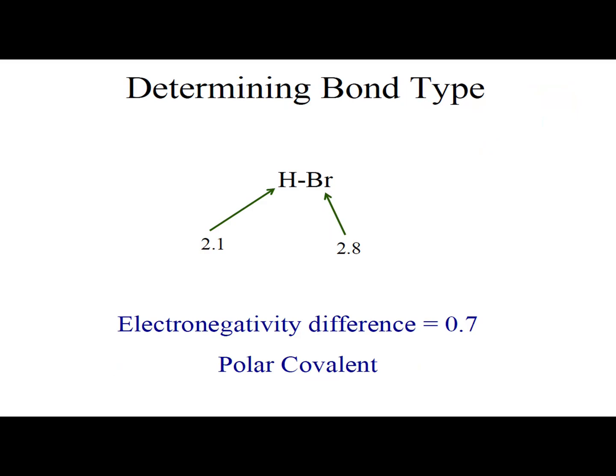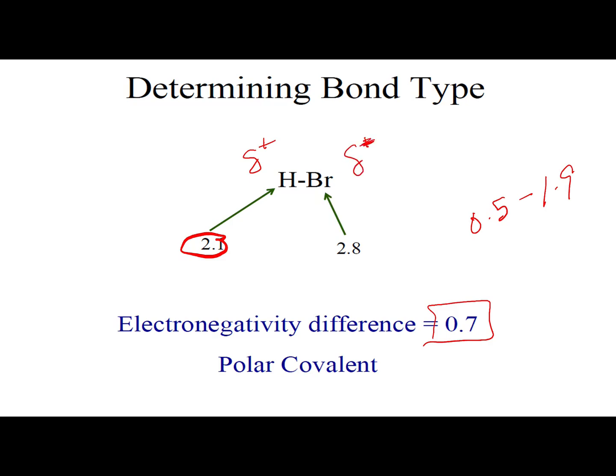If we look at hydrogen and bromine, though, this is going to be an electronegativity difference of 0.7, and this is thought to be a polar covalent bond. Polar covalent bonds usually have an electronegativity difference between 0.5 and 1.9. So the bond is polar. The partial positive charge will be on our lower electronegativity element, so the hydrogen end will be partially positive, and bromine is the more electronegative element.